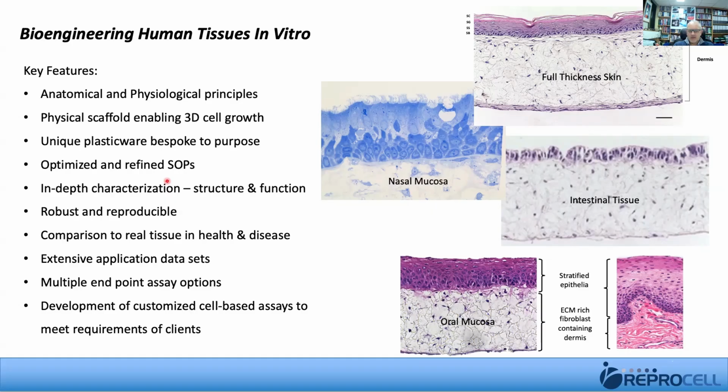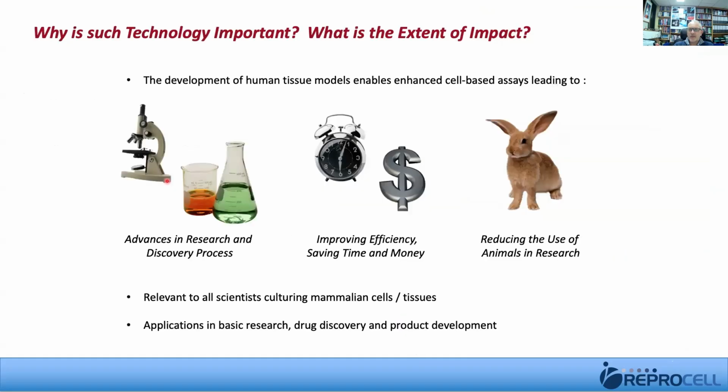And ultimately, the other point I'd like to make is that when we are working with our customers, we listen to their needs and we develop tailored solutions, important in product development for those clients. So this is important because these models can lead to advances in research and discovery.